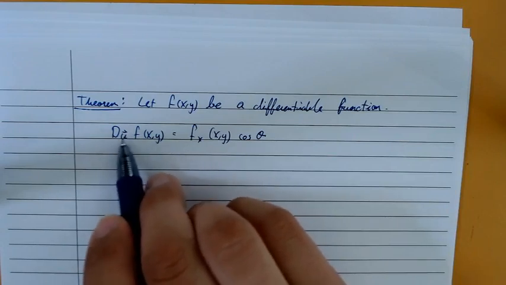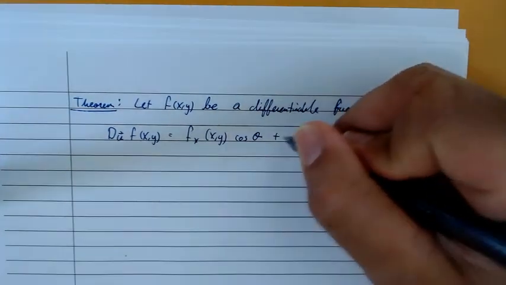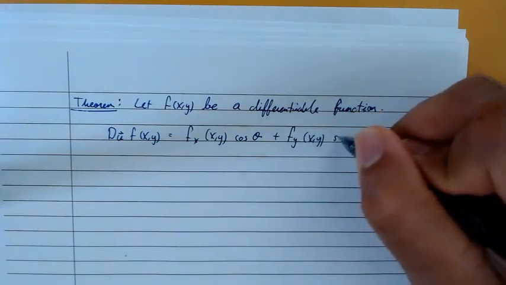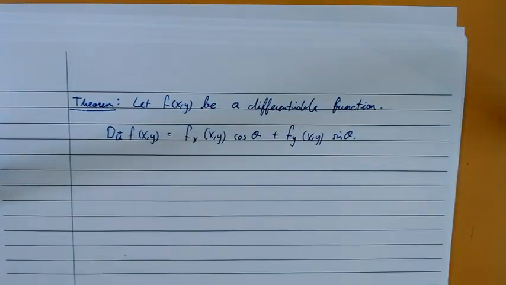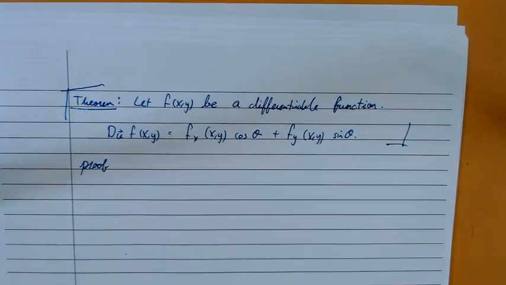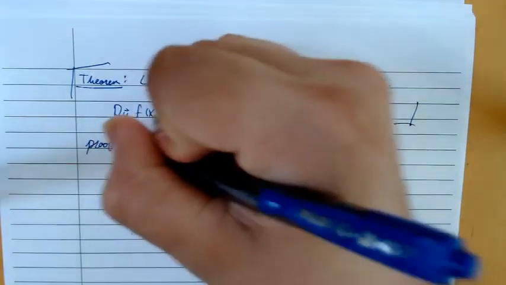It's the angle from the positive half of the x-axis to the vector u, plus the first partial with respect to y of x comma y times the sine of theta. So, proof of this. Let's start off with a point, x naught comma y naught.